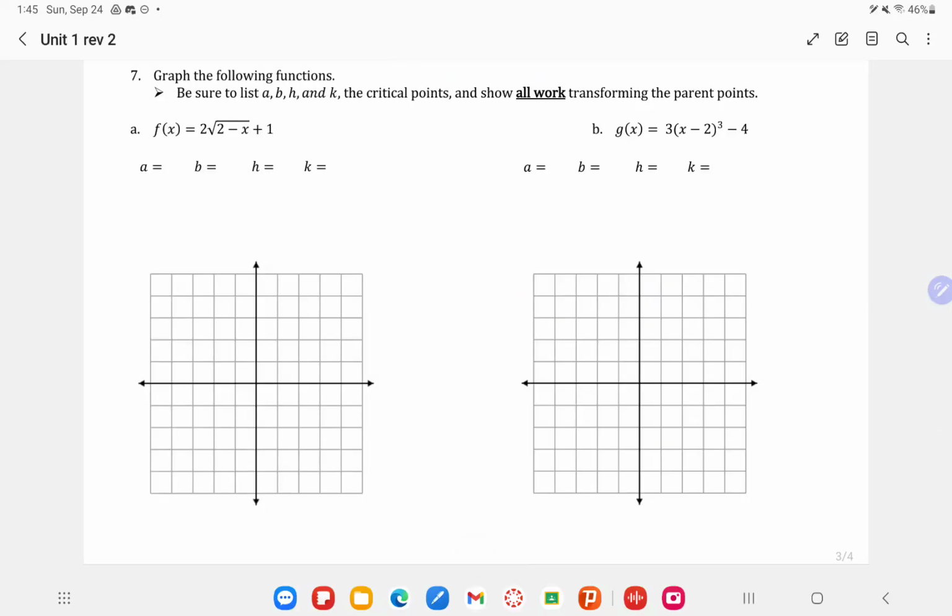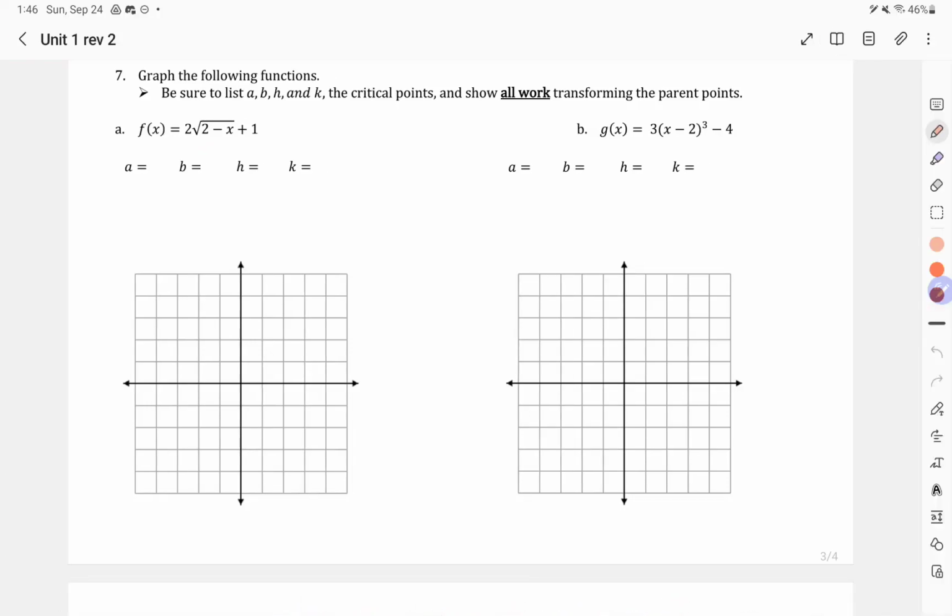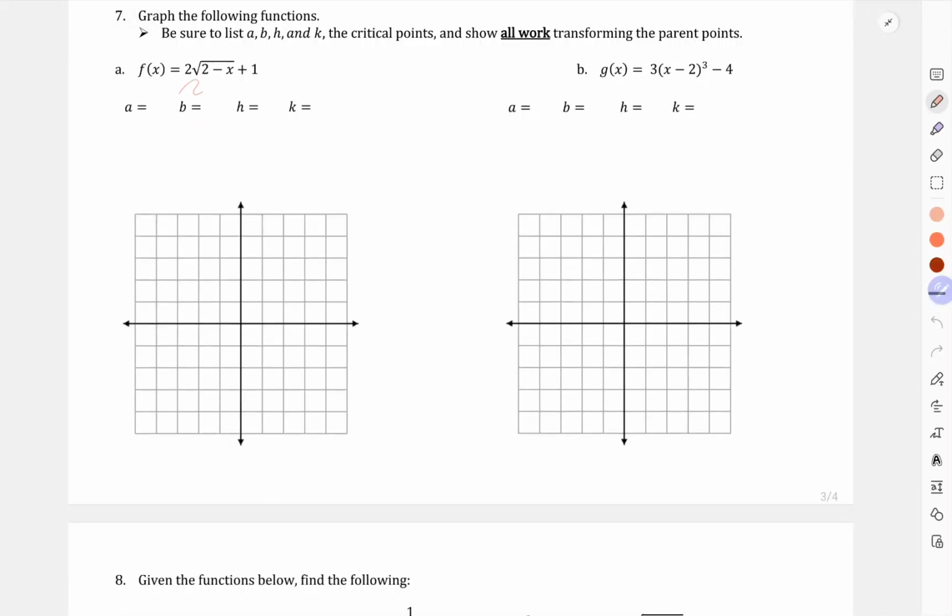All right, let's come back to transformations and critical points. Now, with the knowledge that we have just gained regarding the parent points and the default shapes of these transformations, we will start by identifying the parts of these transformations. First, we need to identify our A, which is, in this case, 2.